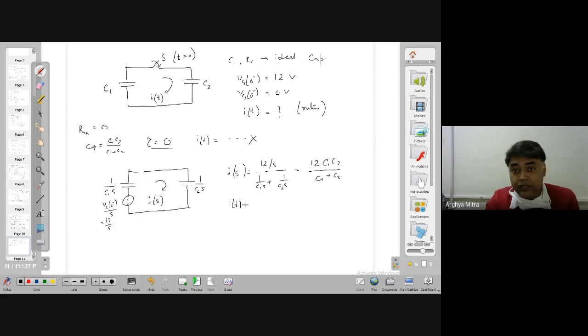So what is I of t? L inverse of I of S. If I of S is a constant, then what is the nature? Laplace inverse will be of the nature of an impulse. So it is impulse in nature.